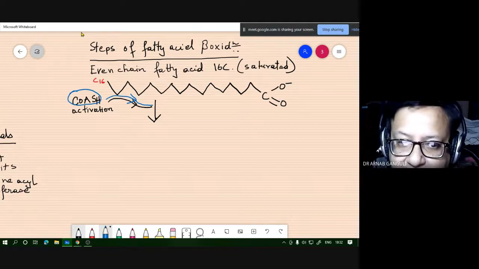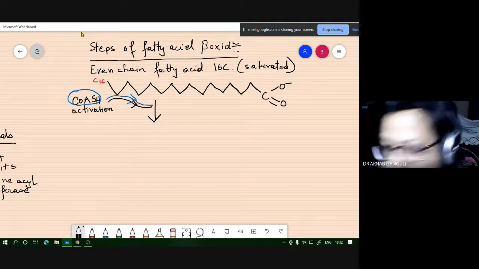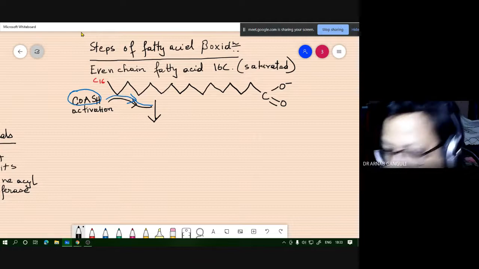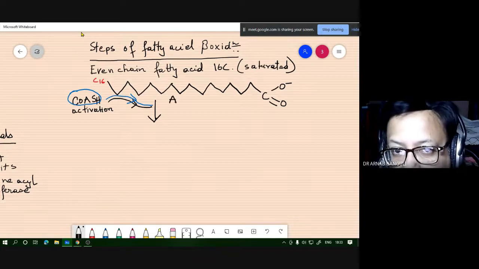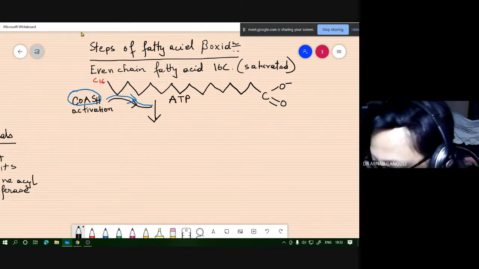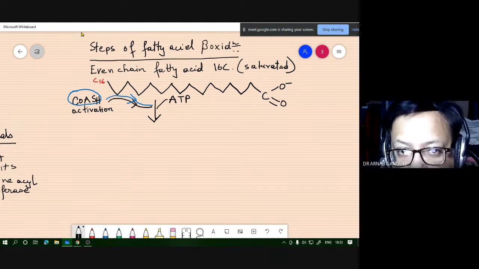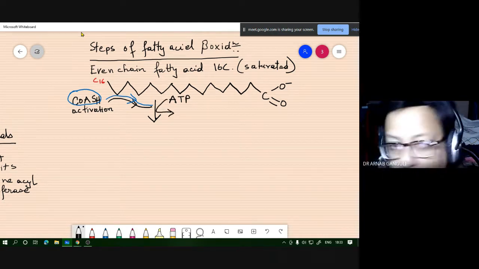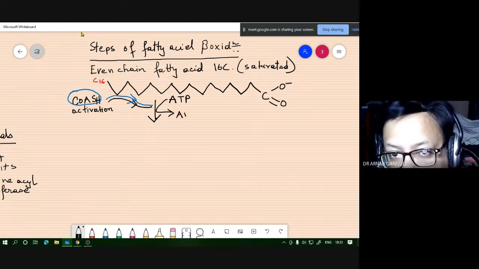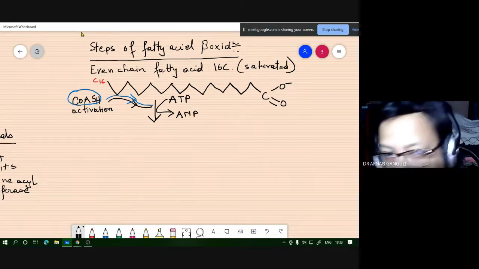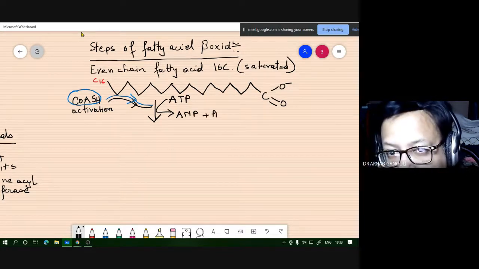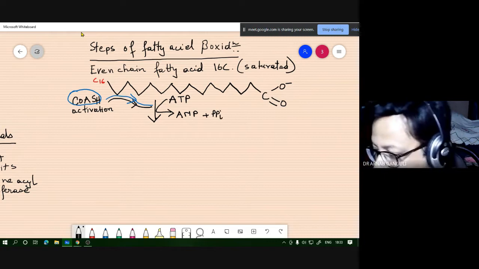Another thing which happens in this process is one molecule of ATP is hydrolyzed into one molecule of AMP plus PPi.